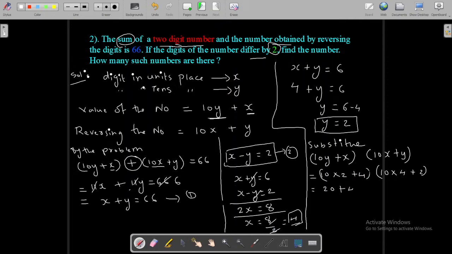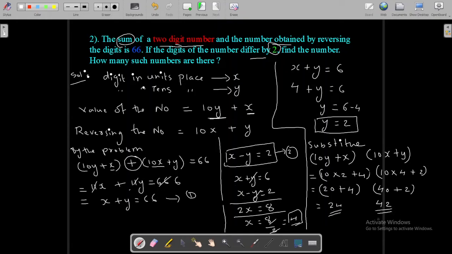So this will be 24. And 10 into x, x is 4, so 40, plus 2, that is 42. So this is our answer.